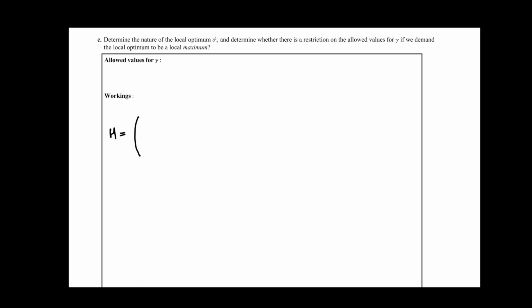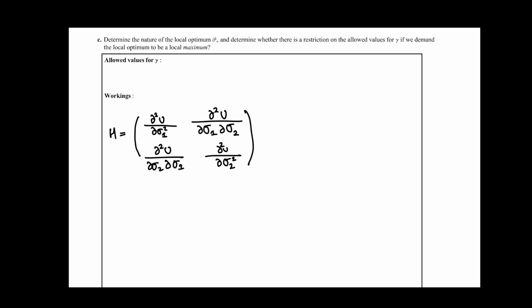The Hessian is defined by the second derivative with respect to sigma 1 squared, the second derivative of sigma 1 which we partially differentiate with sigma 2. We reverse the order over here, and then we work out the second derivative with respect to sigma 2 squared. So that's the Hessian.